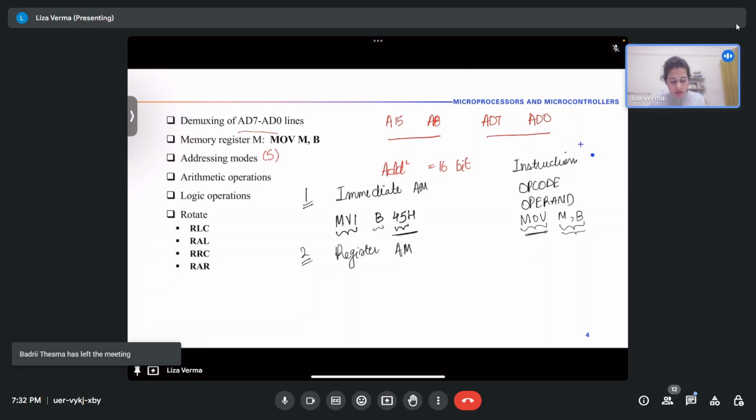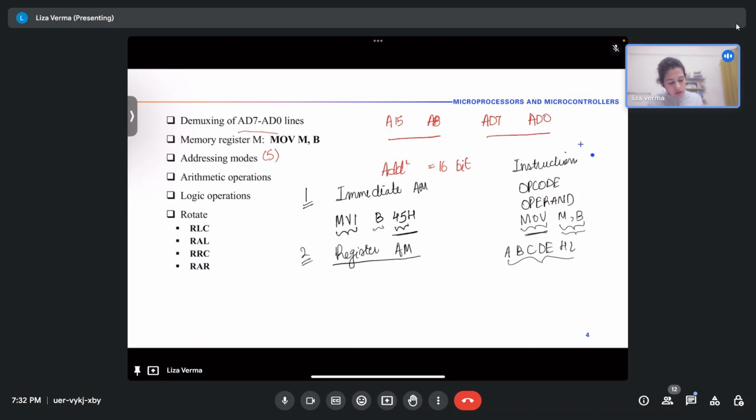There are seven general purpose registers in the microprocessor: A, B, C, D, E, H, and L. In register addressing mode, the data to be operated on is present in one of these registers.